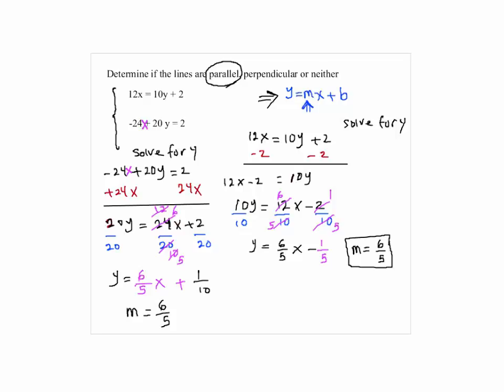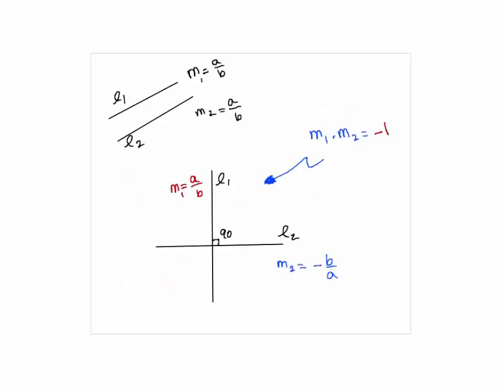Once you find the slope, you can see if the slopes are the same. If they're the same, they're parallel. If they are negative and reciprocal of each other, they are perpendicular. So if the slope of this line here, for instance, is 2/3, and the lines are perpendicular, the slope of the other line must be minus 3/2.